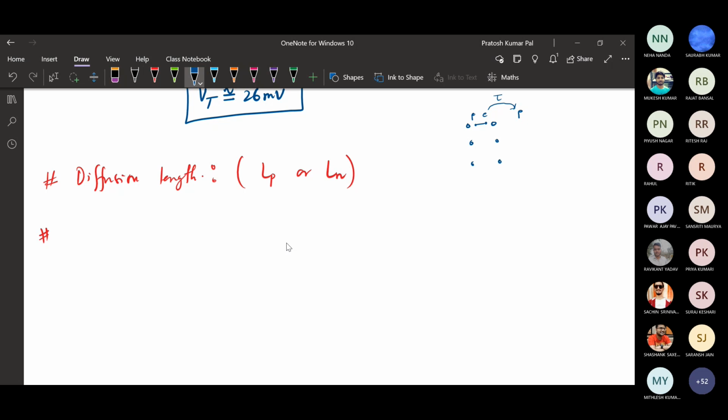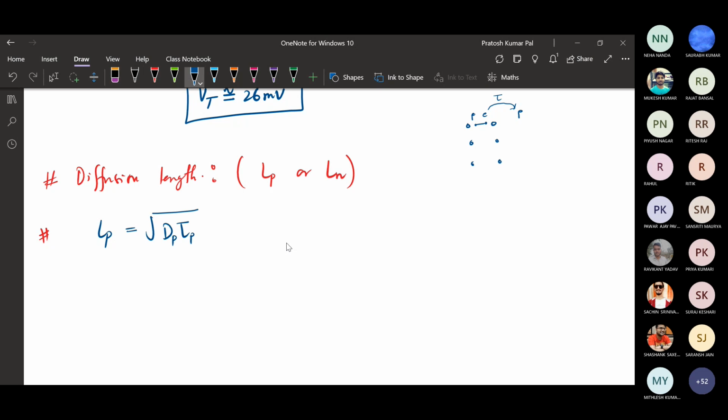So diffusion length will be depending on the tau value, whatever the carrier lifetime value is. In case of holes, Lp is given by the relation under root Dp into tau p.